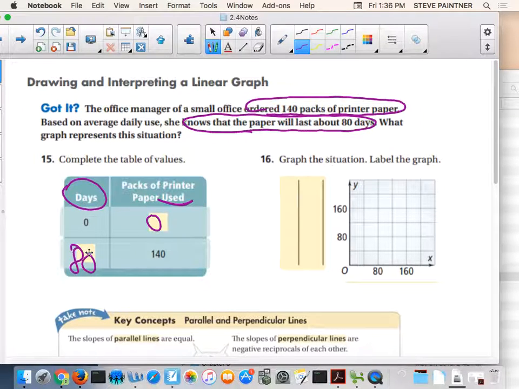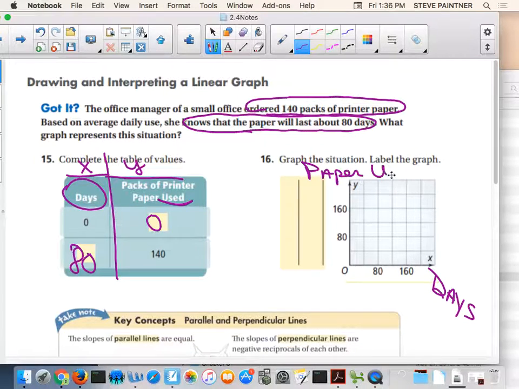Okay? Slide on over. Before that, this is usually what column? X. So the x-axis would be known as what? Days. You probably want to say days. This would be paper what? Paper used. Okay.